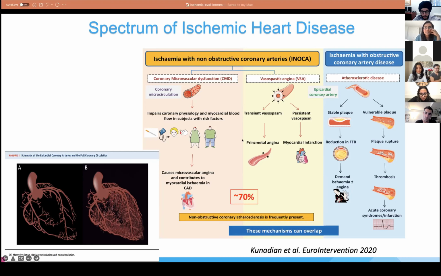These patients typically have risk factors such as smoking, obesity, hypertension, diabetes, cardiometabolic risk factors. These affect the microcirculation, and they would still cause similar symptoms of angina and chest pain, but you would not be able to tell just based on your cath or coronary CTA.